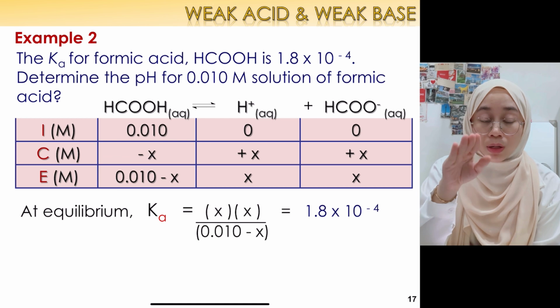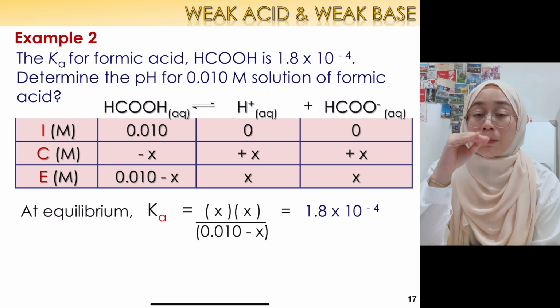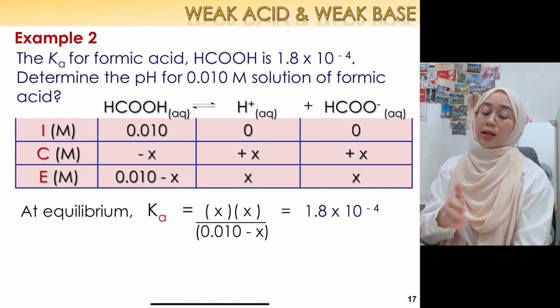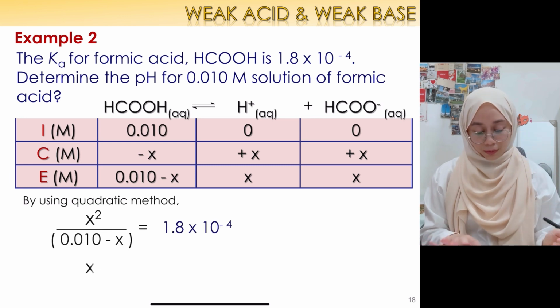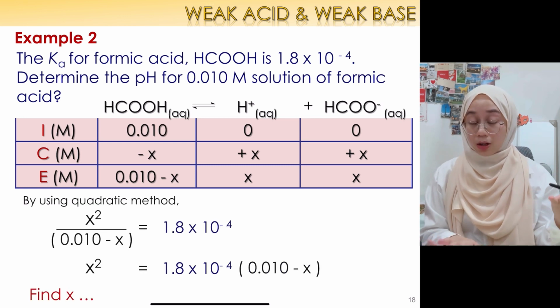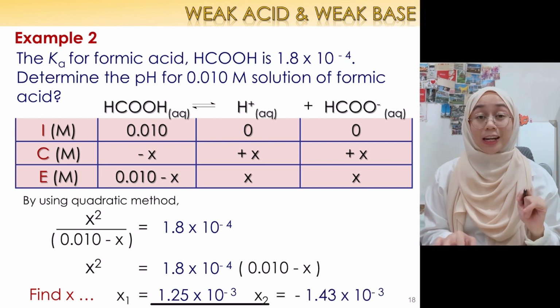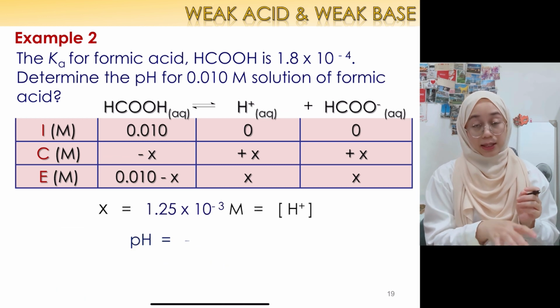You can only do the assumption kalau negative 5 and below. Tapi kalau negative 5 and below kamu tak assume sekalipun, boleh je, tak ada masalah. Okay, cuma solving method dia perlu guna quadratic. Cuma bila kamu assume tu tadi, kalau kamu perasan yang alpha dia very small, so nak assume lah, yang tu kamu punya calculation jadi lagi senang. Okay, so kita pergi kepada example yang last kali kelas.